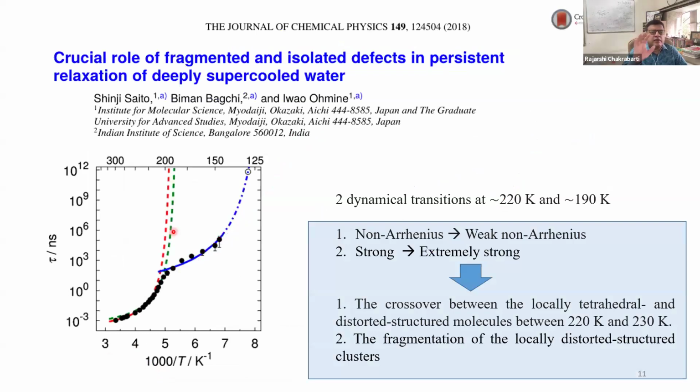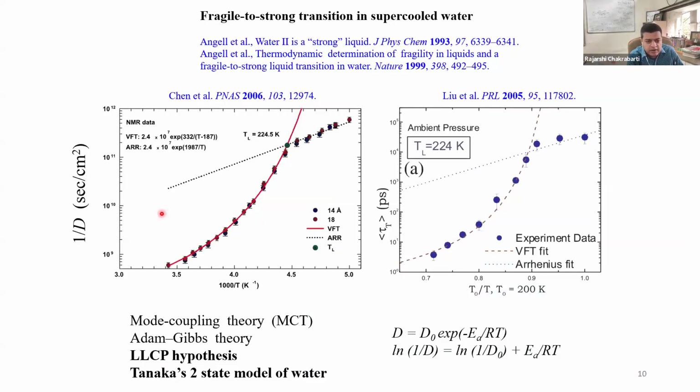So I have a question, Snehasis. Can you go back to your previous slide? Basically, when you are at high temperature, you would need something like a Vogel-Fulcher kind of plot, no? Now, the Vogel-Fulcher-Tammann equation actually fits at all temperatures.